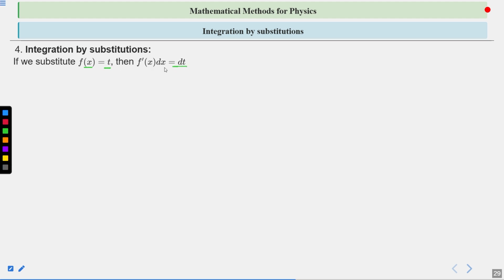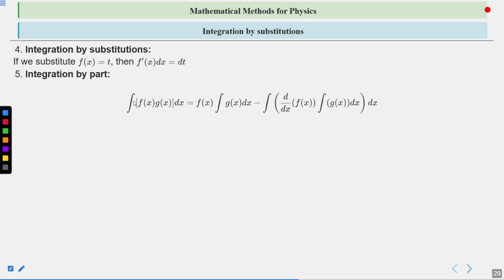So fifth is integration by parts. So integration f of x g of x dx is equal to, look here carefully, f of x as it is times integration of g of x, minus the integration of the derivative of f of x times the integration of g of x. So this is the integration by parts.